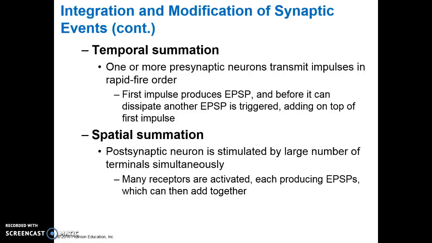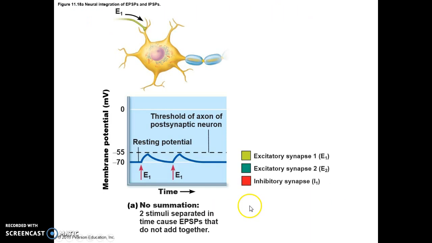In temporal summation, one or more presynaptic neurons transmit impulses in rapid fire order, so very quickly. Spatial summation is when you have many neurons stimulating one structure simultaneously.